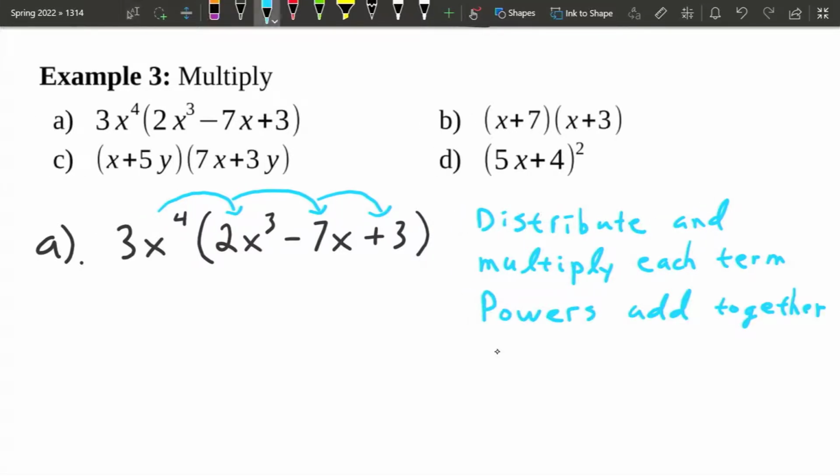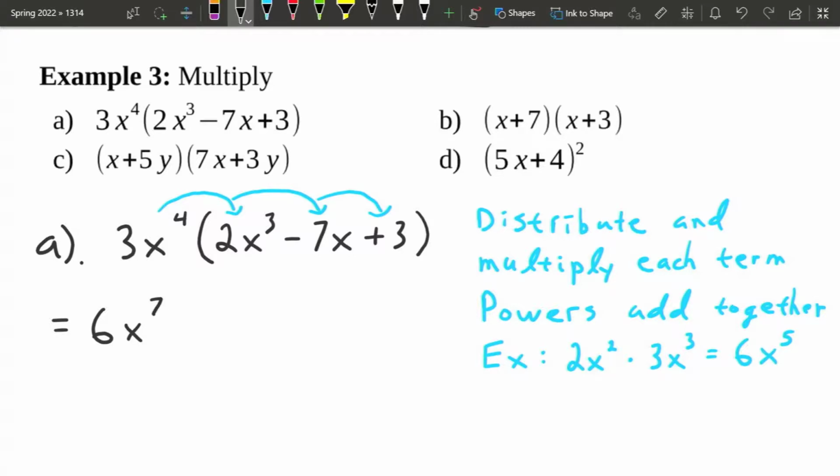For instance, if you take 2x squared times 3x cubed, you're going to multiply 2 times 3 to get 6, and add together the powers, 2 plus 3, to have x to the 5th power. So in this particular example, we're going to multiply 3x to the 4th times 2x to the 3rd. That's going to be 6x raised to the 7th power.